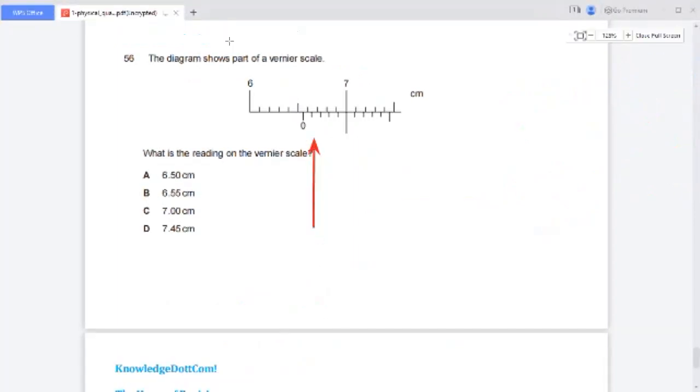Number 56. Again a similar kind of question. The vernier scale 0 is here, so you can see it's 6, it would be 6.5, it would be 6.6. So the vernier scale 0 is in between 6.5 and 6.6.